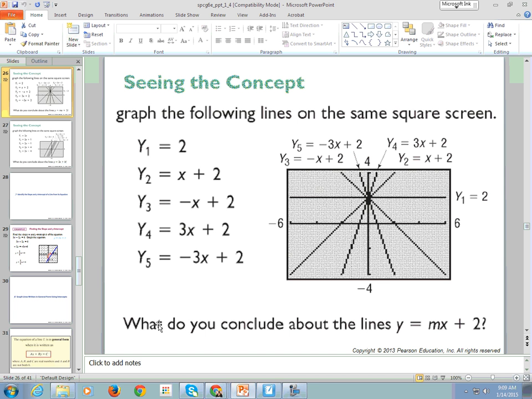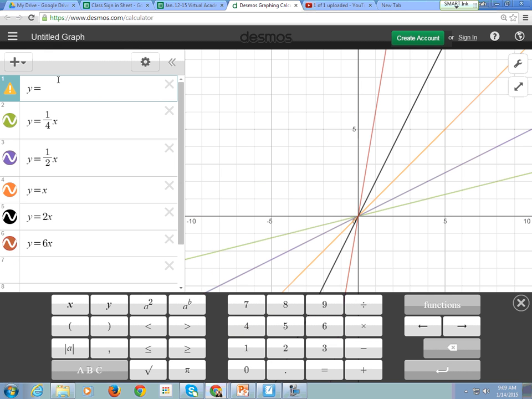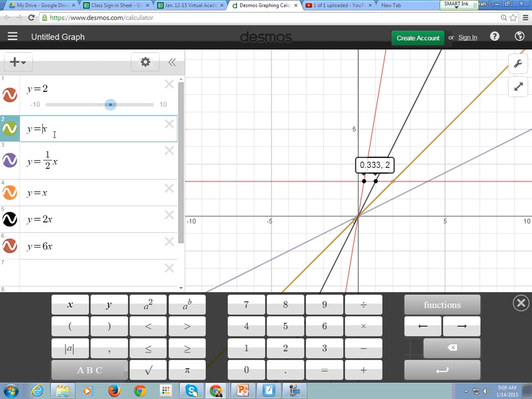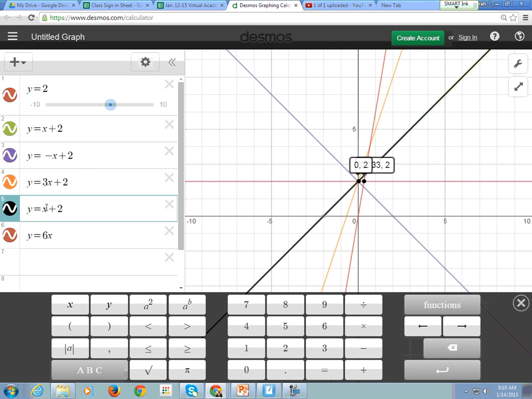So when you graph those, y equals 2x plus 2, y equals x plus 2, y equals negative x plus 2, y equals 3x plus 2, and y equals negative 3x plus 2.